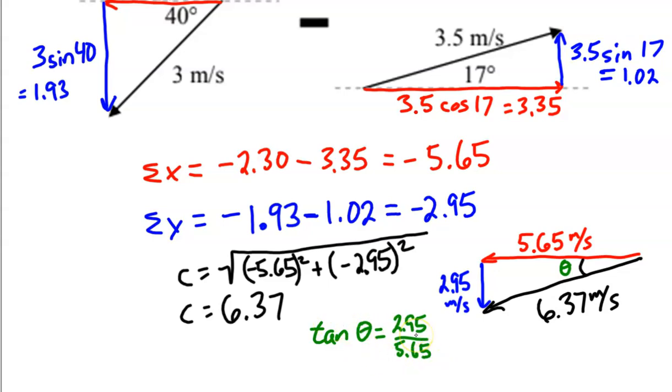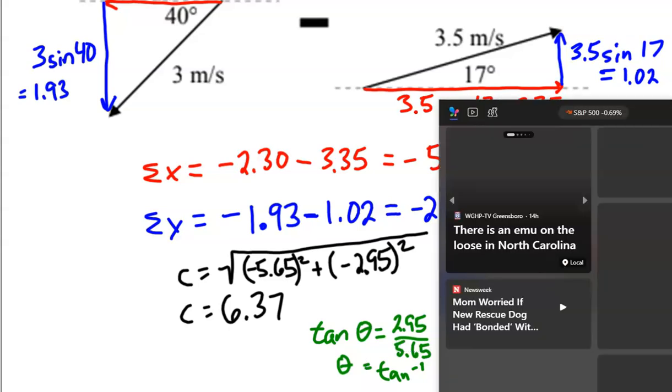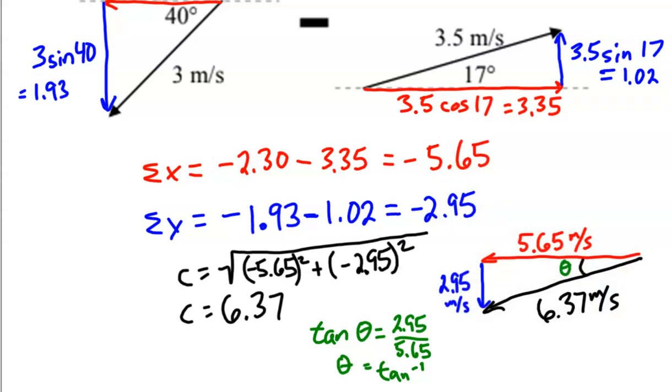And the way that you solve for theta here is you're going to do inverse tangent. So theta is going to equal inverse tangent of 2.95 over 5.65.